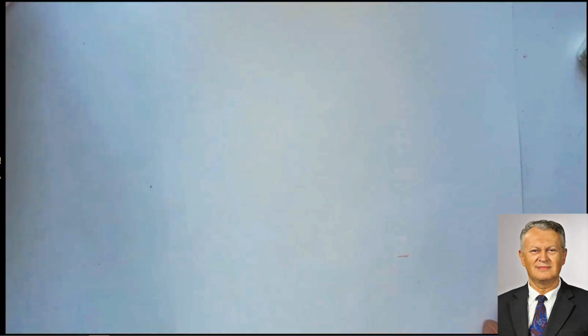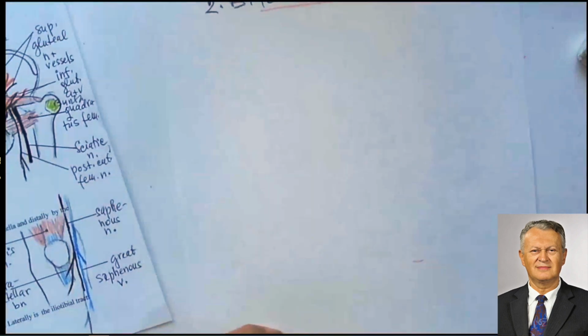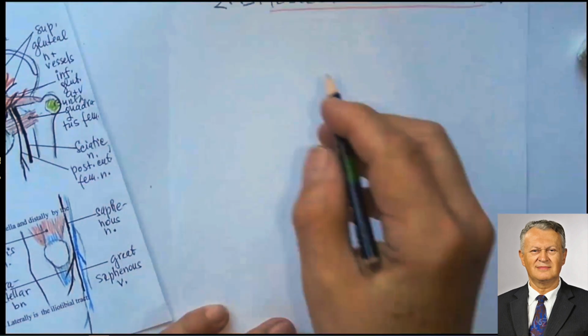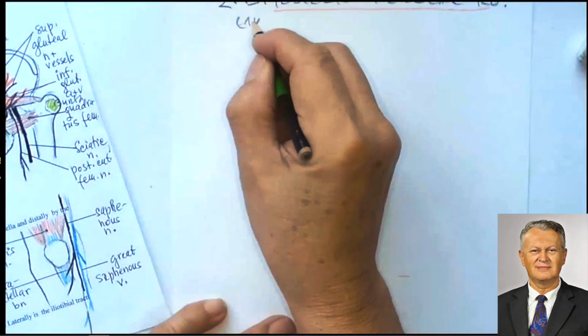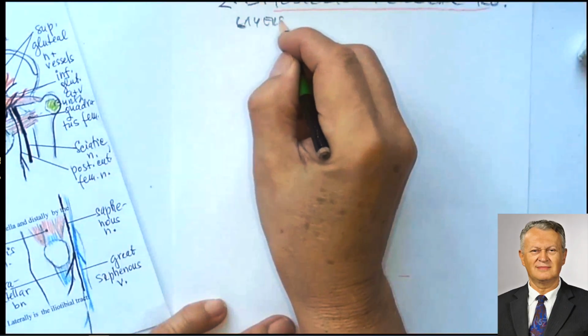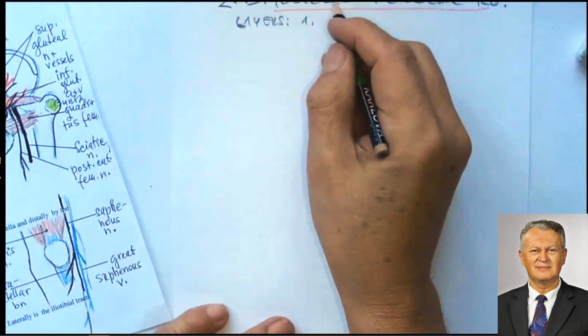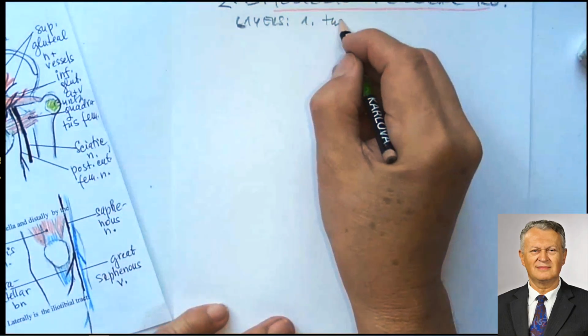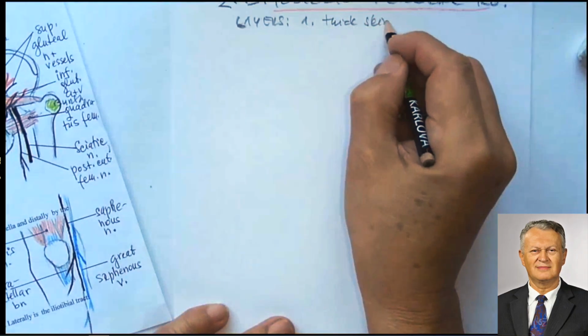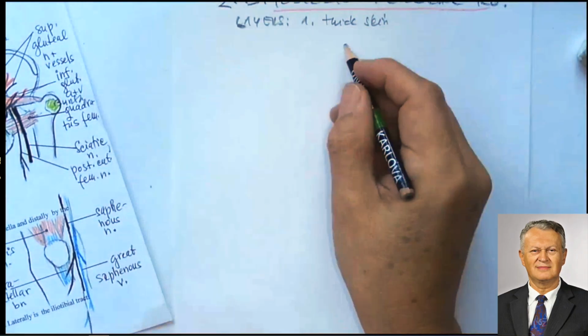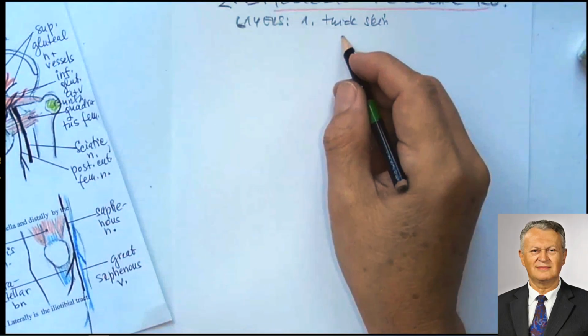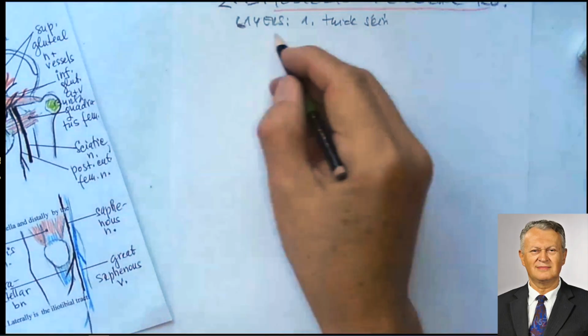We are now in the regio femoris posterior, the posterior femoral compartment. This would not be so complicated because we can just name the structures in different layers. Layers: number one, thick skin on the dorsum, then distally thinner.